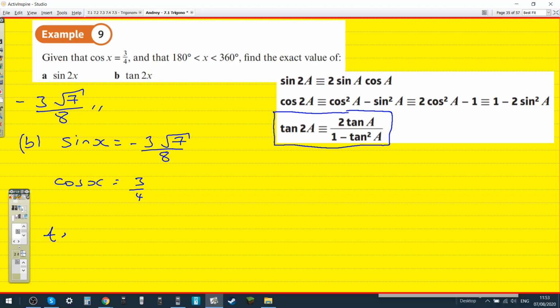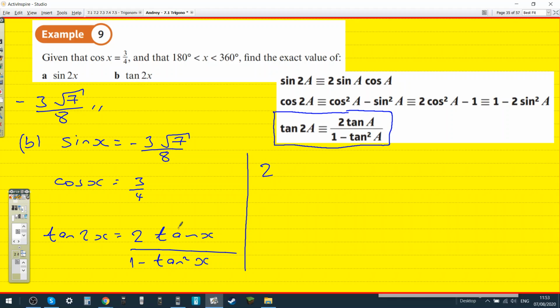Do I need to... 2 tan x. So do I now need to eliminate x or something? No. What's tan the same as?